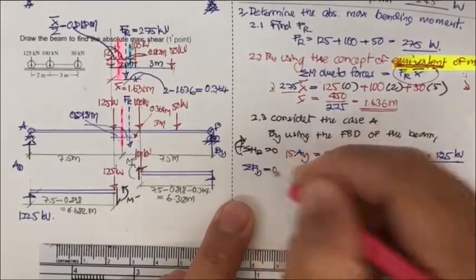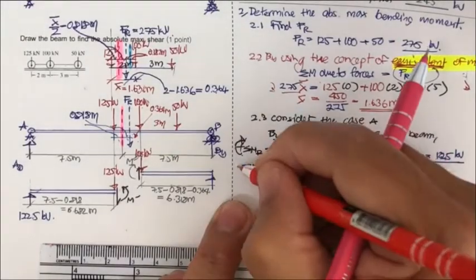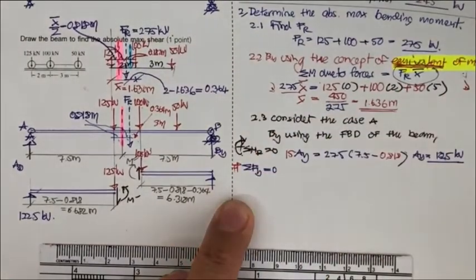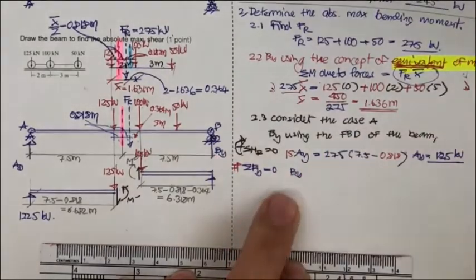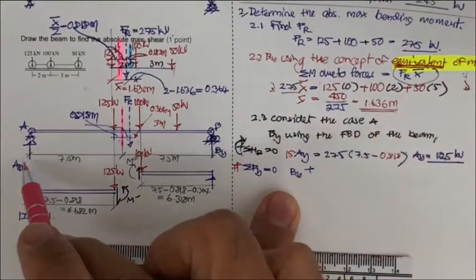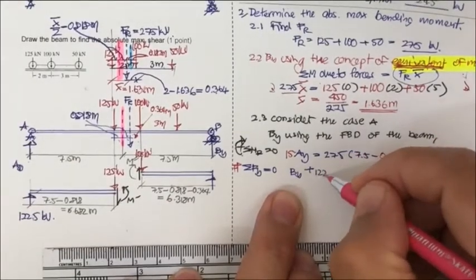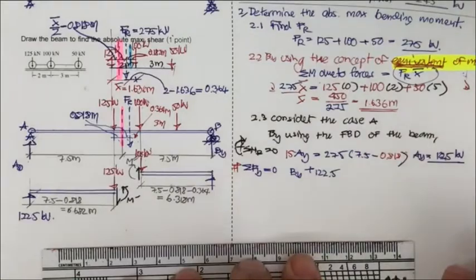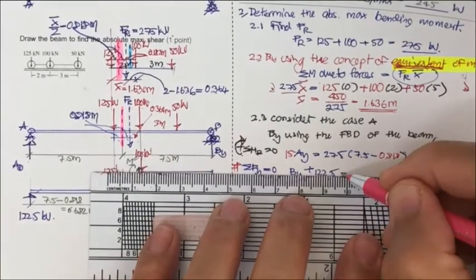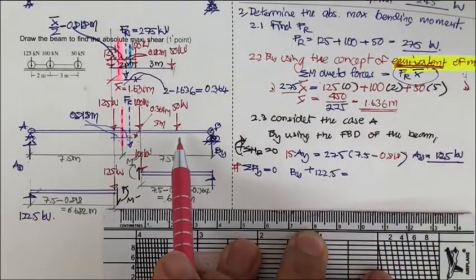Summation of F sub y equal to 0, and upward is positive. So we have the B sub y here, plus A sub y, 122.5. And this one is going to equal to, you have a choice.